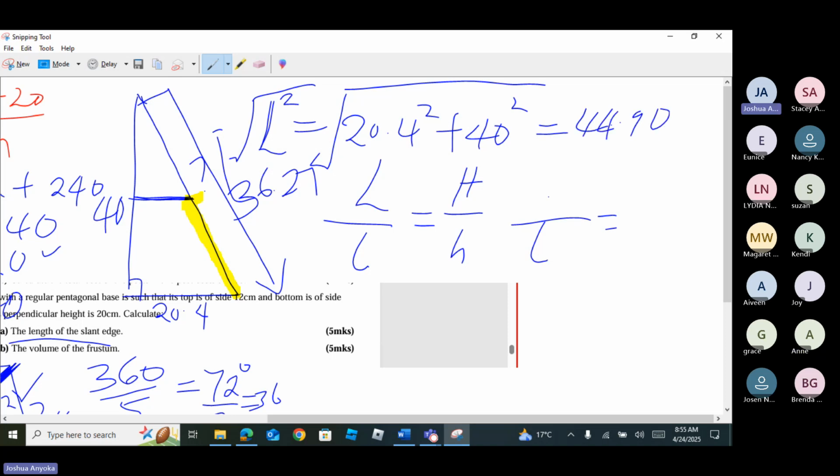So we have 44.90 equals capital H, which is 40, over the small h, which is 20. So cross multiply, we get L. Small l will be equal to what?